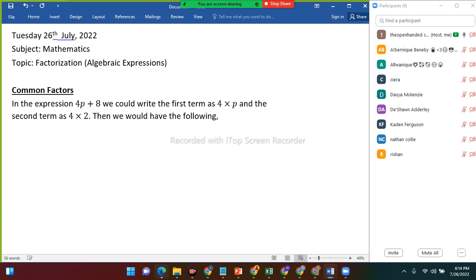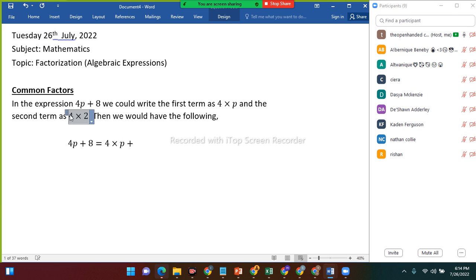So if we were to decide to do it like that, 4p plus 8 is actually equal to 4 times p plus 4 times 2.